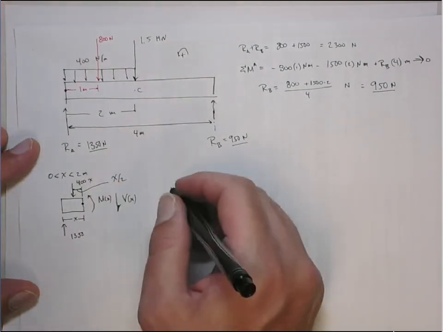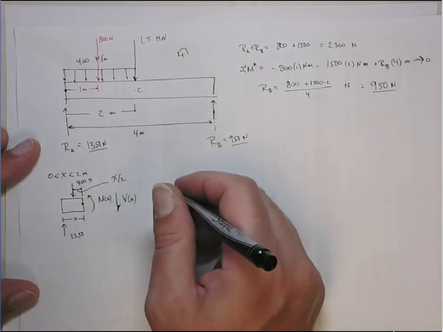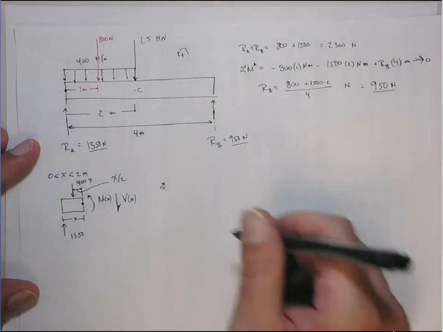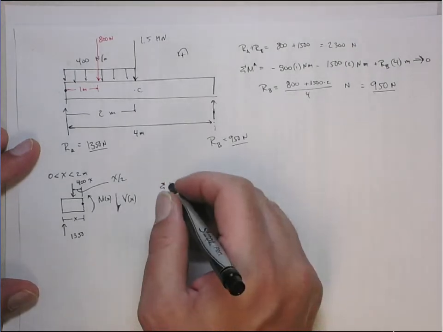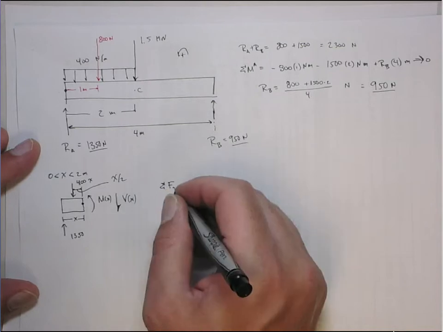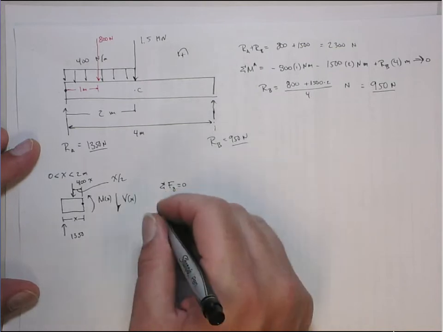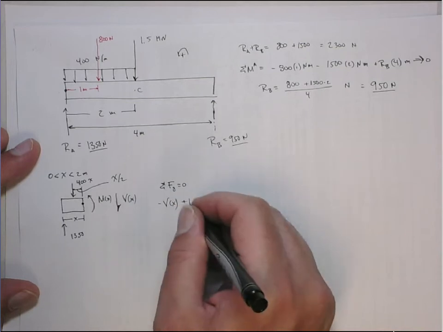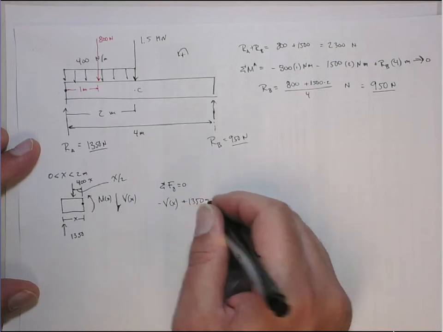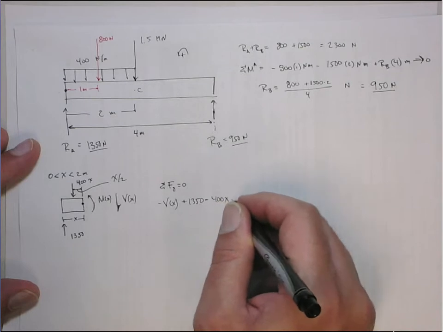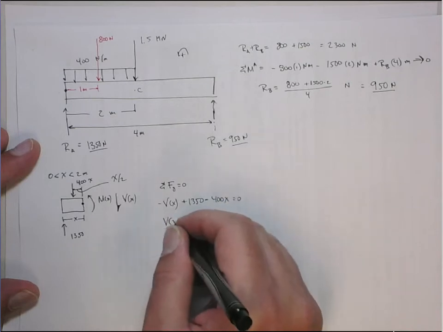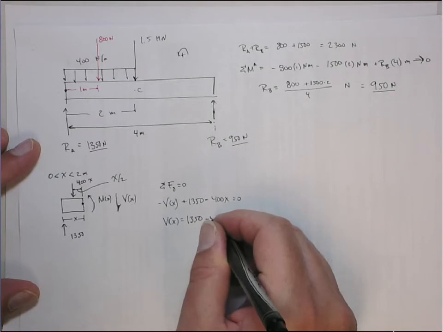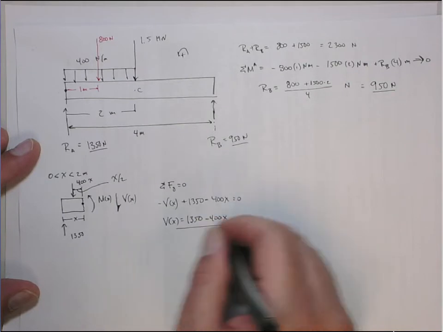Now if we do sum of forces, I don't need to do moments, right? Sum of forces in the y direction equals 0. That gives me minus the shear plus 1,350 minus 400x equals 0, or V of x equals 1,350 minus 400x.